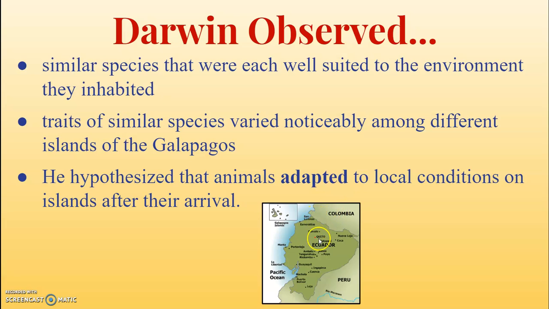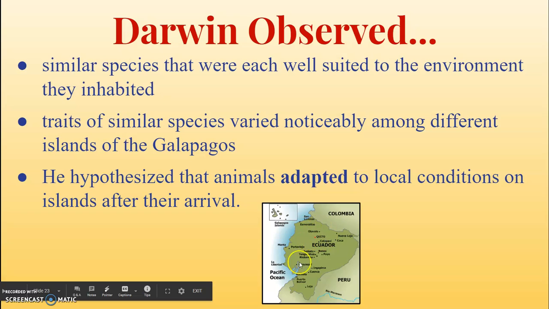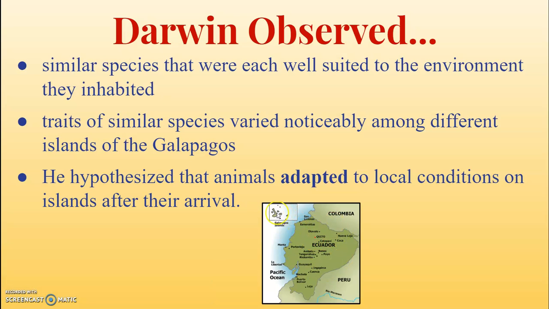So his theory was that this finch ended up coming from Africa. It flew over to the Galapagos Islands, and they ended up starting to procreate. Now, whichever island they ended up landing on, the ones that are most adapted to that environment are going to be the ones that survived. And so as time went on, as mutations were introduced into the population, the adaptations that were best fit to survive ended up surviving on those islands.